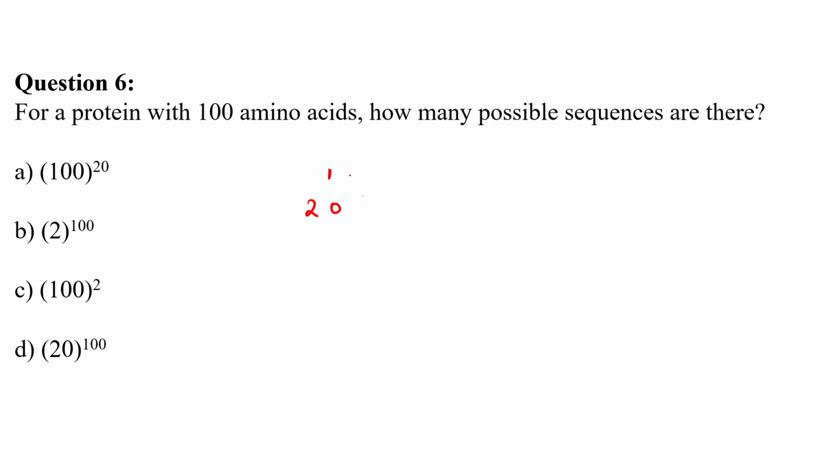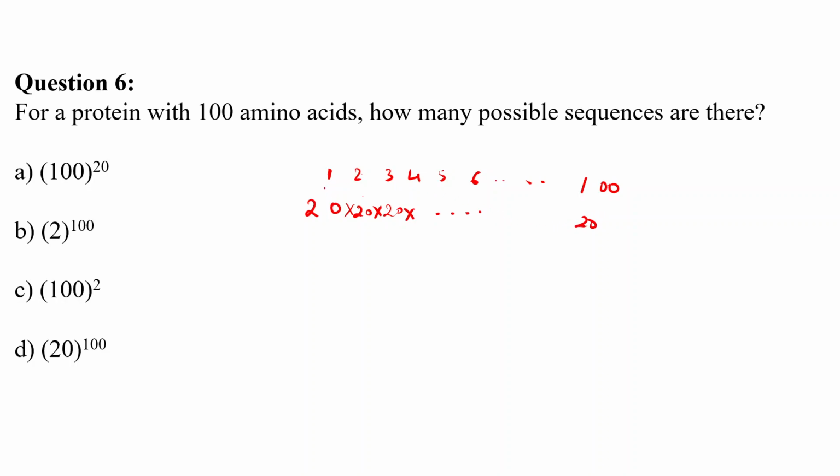So if I have residues 1, 2, 3, 4, 5, 6, like that up to 100, this is the amino acid sequence. Each residue could have 20 possibilities. The first residue could have 20 possibilities, then the second residue can also have 20 possibilities, then the third residue can also have 20 possibilities, and so on. So we multiply all of these. This will be the possible number of sequences.